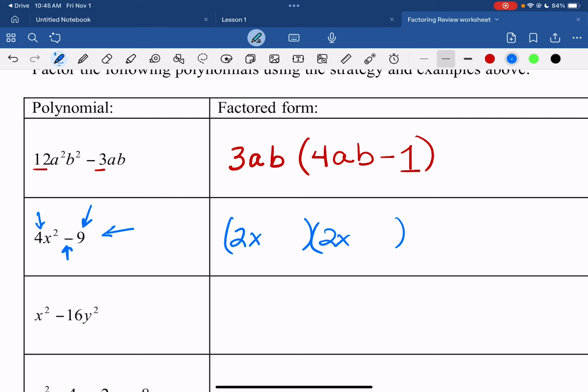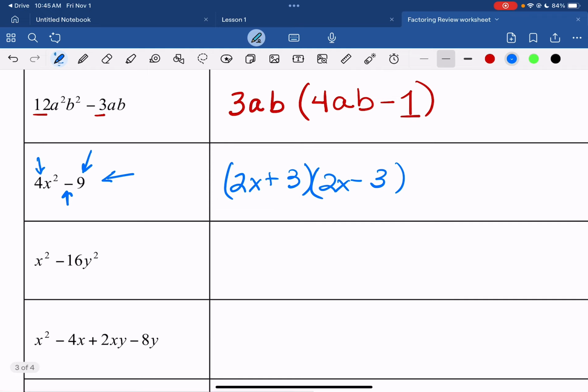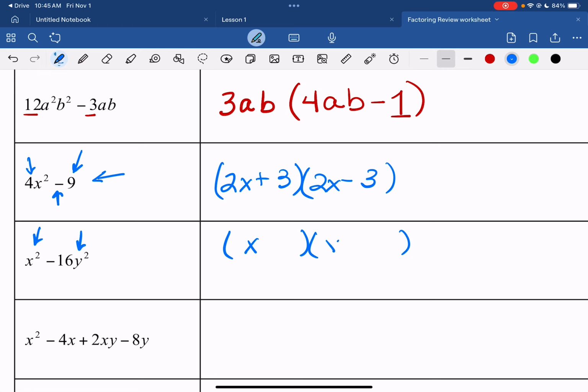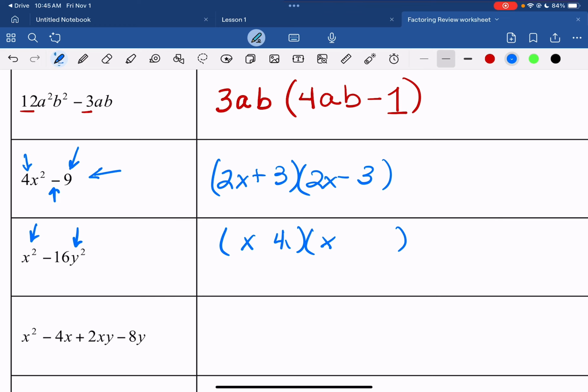And the square root of 9 is 3, and then I add a plus and a minus, and I have that. The next one also is a difference of squares, again, another binomial. So I put my two sets of parentheses, x, and then the square root of 16y squared is 4y. So 4y goes on both sides, one plus, one minus, and we've got it.